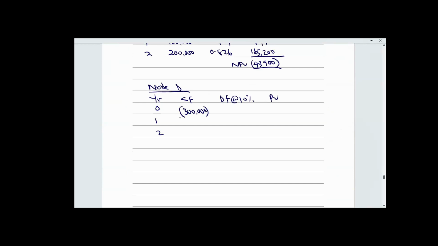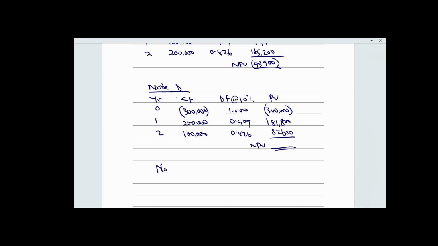So 200, 100. Multiply by 0.909, 0.826. Here is 82,600, 181,800. Final answer: 35,600 negative.